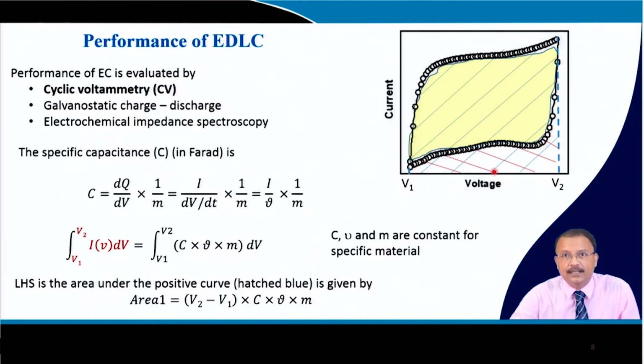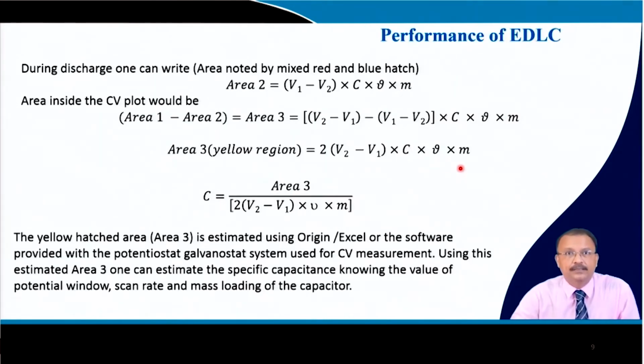That area I can also estimate, which is the hatched area, see the red line and this blue line. Using the same terminology, I will get V1 minus V2, and this C capacitance, the scan rate in millivolt per second, and the mass of the electrode material.